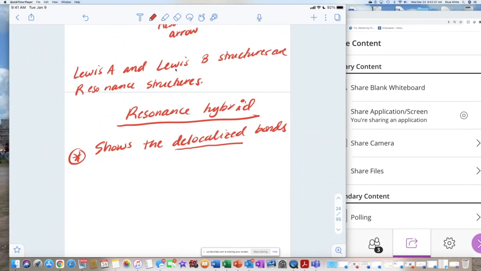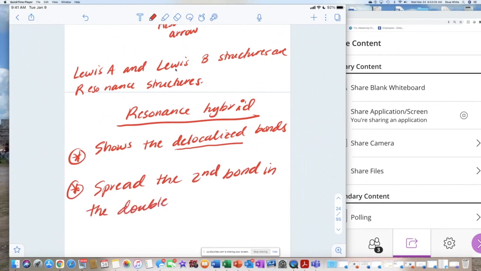To keep it simple, because we're just introducing this, I'm just going to say spread the second bond of the double bond. It's not really both bonds, just the second bond in the double bond.